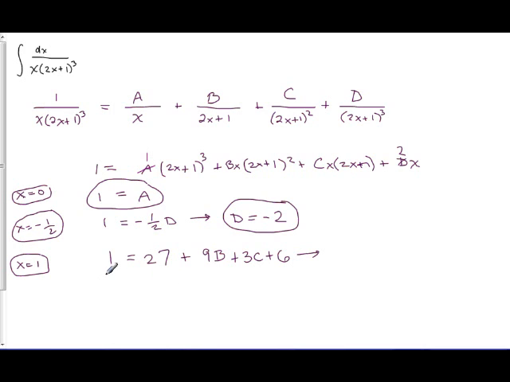Subtracting 27, I'm going to get minus 26. Minus 6 is minus 32, right? So minus 32 is equal to 9b plus 3c.